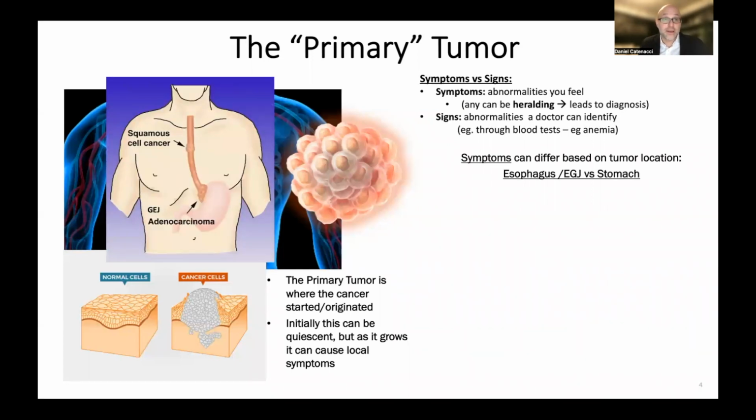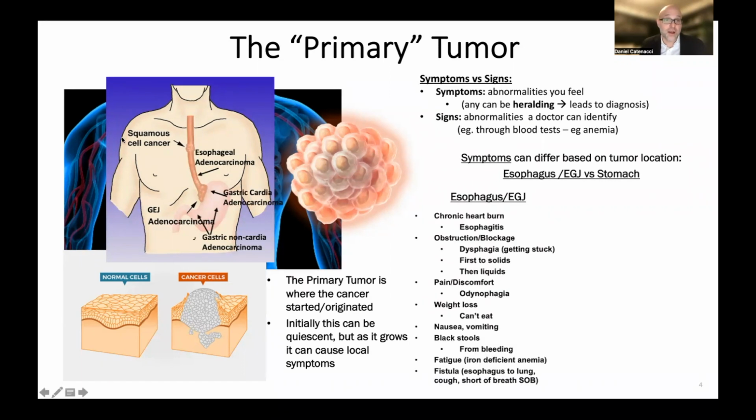So looking at this figure here, where you see the upper or middle esophagus squamous cell cancer, or the GE junction adenocarcinoma, or the distal esophagus, or the stomach proper, in the various locations, they do have somewhat different symptoms. Focusing first on the upper cancers, what we would call proximal cancers, in the actual esophagus or at the GE junction, the most common symptoms, though not limited to this list, are here.